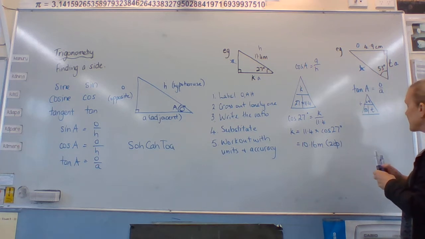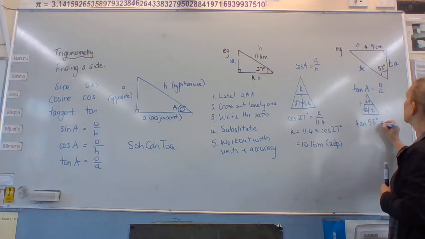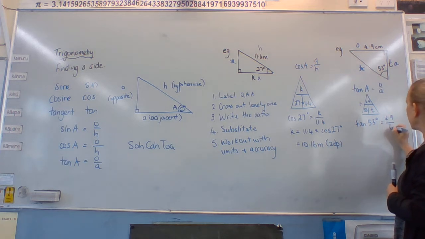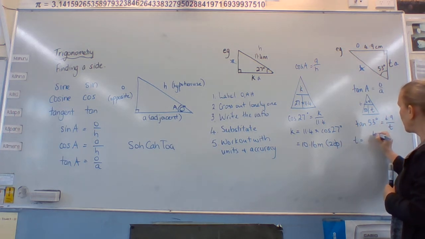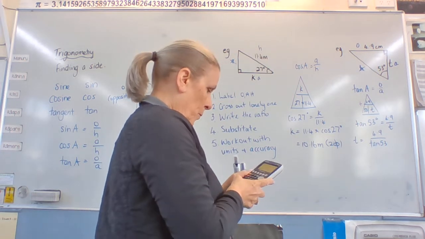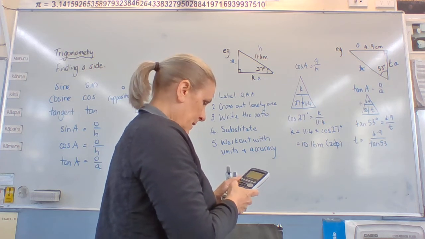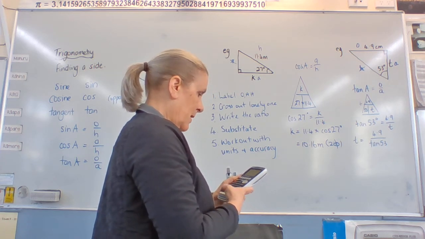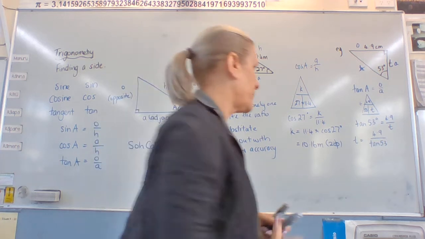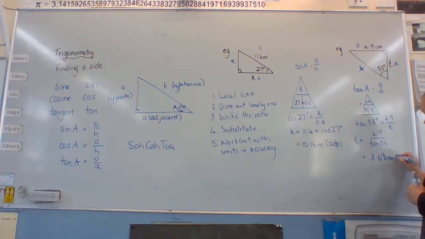So I write tan 53 equals 4.9 over T. So T equals 4.9 divided by tan 53. Put that into my calculator: 4.9 divided by tan 53 equals 3.69. That's 3.69 centimetres to 2 dp.